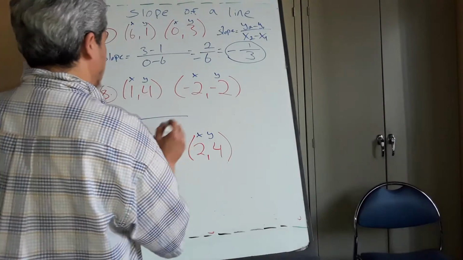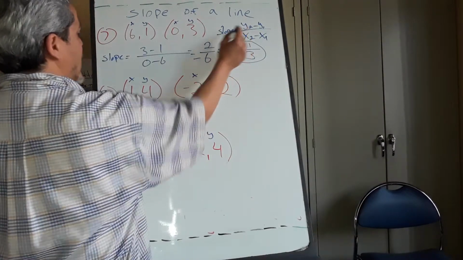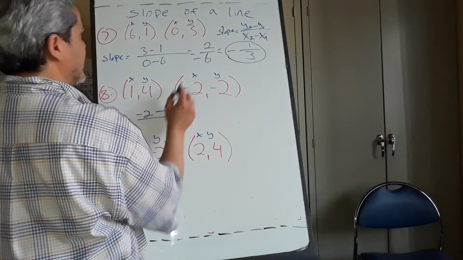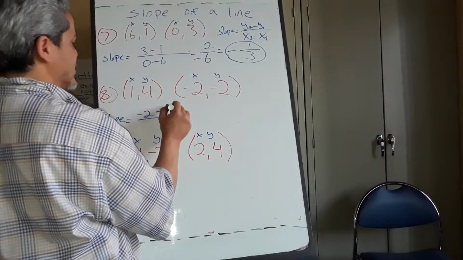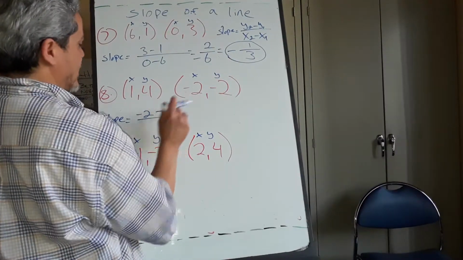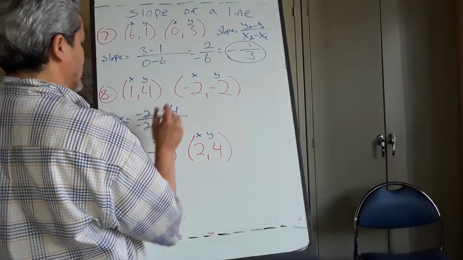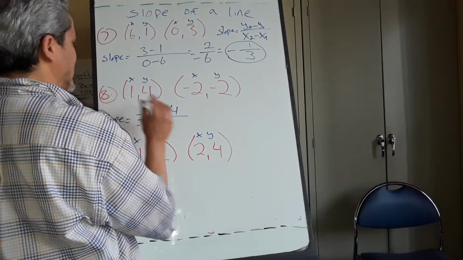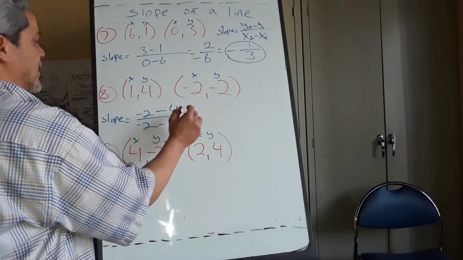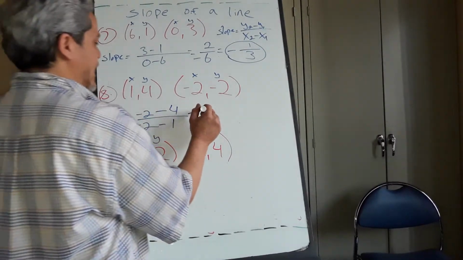Again, we set it up the same way. Y2 is -2 minus first y, which is 4. Second x is negative 2 minus the first x, which is 1. So two negatives, we add those.